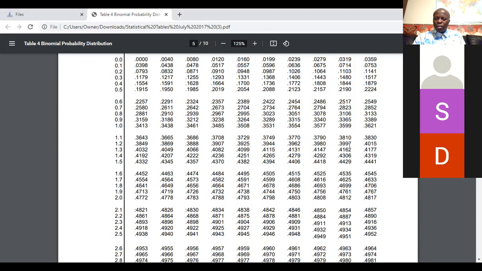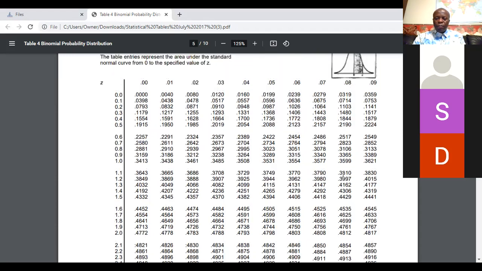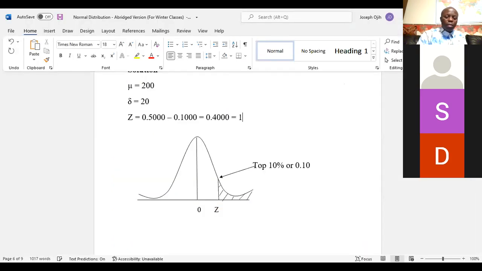This one is only 3 points away. 0.4000 minus 0.3997 is only 3 points. But if we do 4015 minus 4000, it is 15 points. So this one is closer. 0.3997 is closer. Now you follow it to the left. You see 1.2 and up 8. So we got 1.28. So that's our Z.